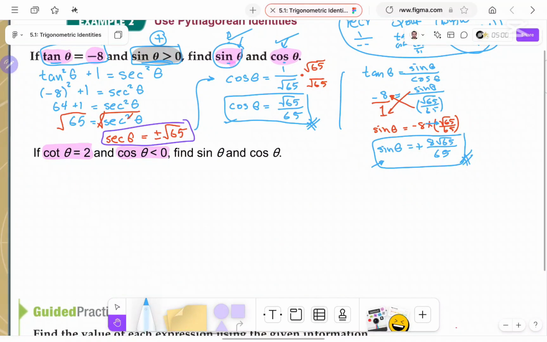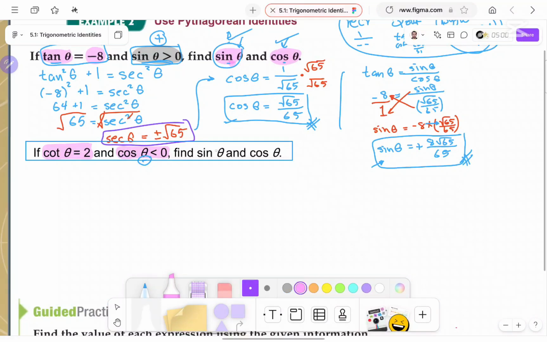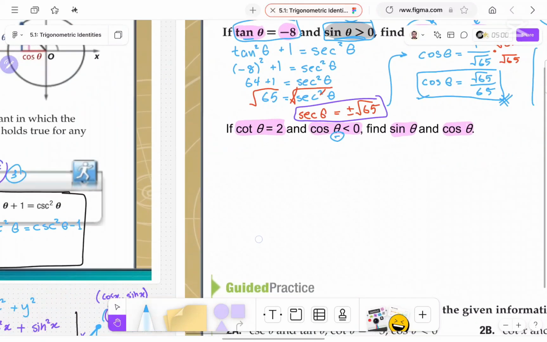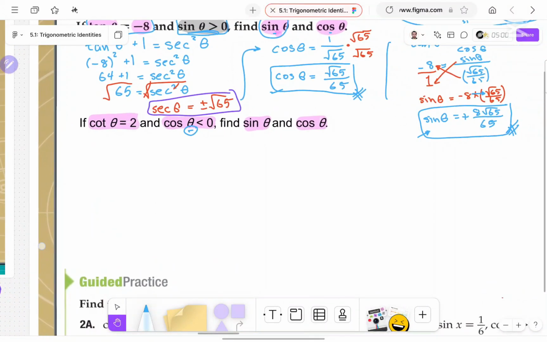Now let's do the second one and see what we can do. For the second one here, cosine is negative. We need to find sine and we need to find cosine. Now, I can use the rule that has cotangent. Let's go back here: cotangent has cosecant, and I know that cosecant is the reciprocal of sine. So I can find cotangent and sine from the first step.